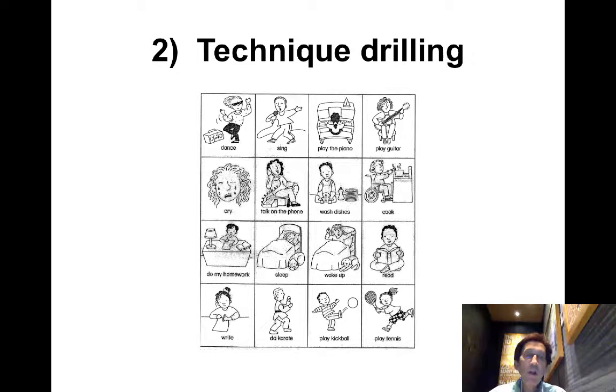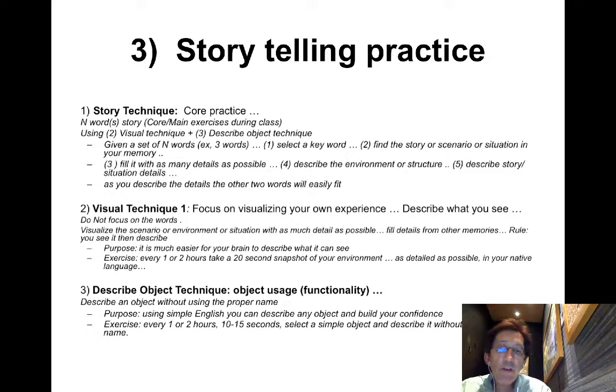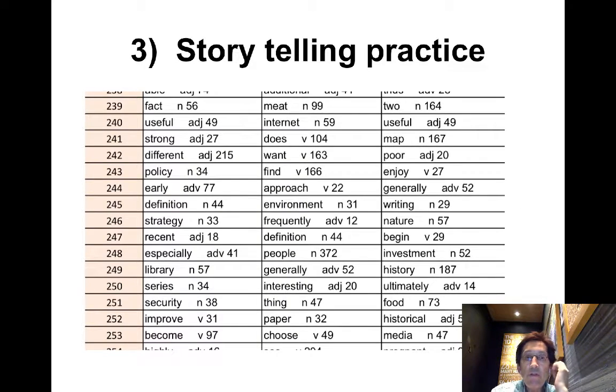Perfect. Okay, good. Now go to the next page, 14, and now we're going to go back to our storytelling practice. This is the normal storytelling we always do. So the technique is just a summary. You're pretty familiar with that. Go to page 15. And go to 244. Early approach.